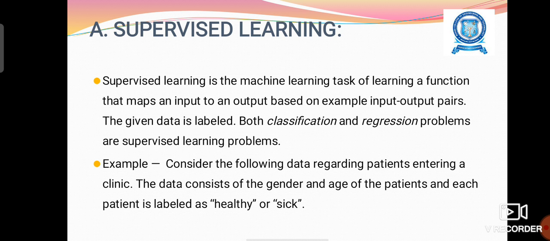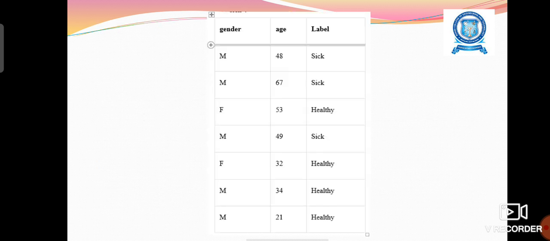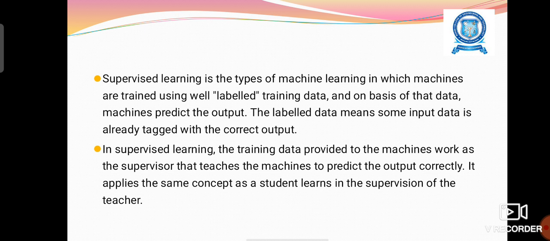Let us see one data set having three columns: gender, age, and label. One important thing about supervised learning is that the data is labeled data. Here the labels are sick or healthy, along with the gender and age details. In supervised learning, the system is trained with labeled training data, and on the basis of that data, machines predict the output for particular input conditions.